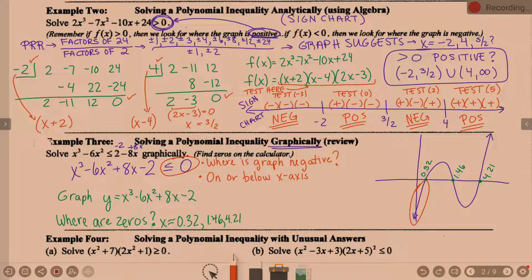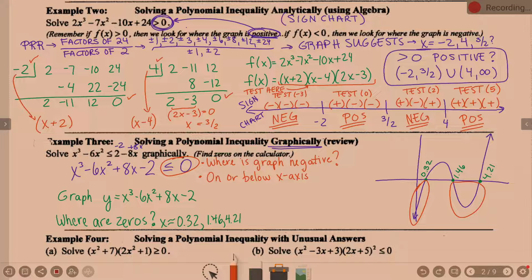We have one section there that's below the x-axis, and we have a second section that's below the x-axis, right? So your answer is the interval of x values that includes. Am I making sense? We've done something similar to this.